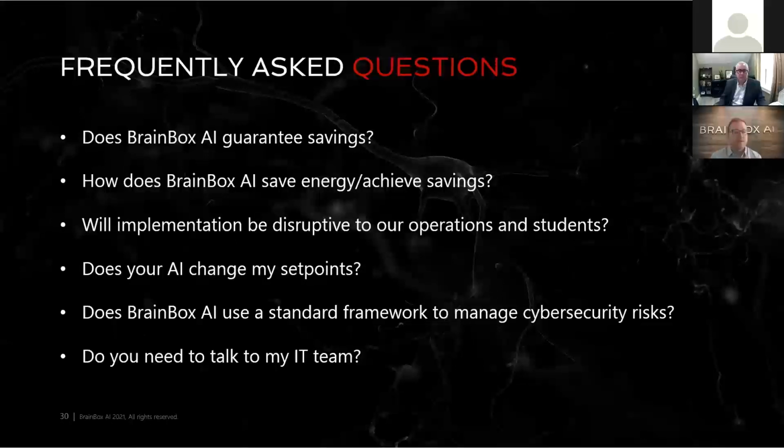Traditional energy saving strategies like a supply temperature reset or an optimum start or night flushing have been around for a long time and they do save energy. The problem is they are fixed. Somebody walks away, nobody ever looks at them again, and they're still very reactive in the nature of the control system. So when we utilize those strategies, we can add the predictive nature, we can continuously monitor and improve those algorithms, and we can just leave it to run automatically. And that's how we achieve our savings.